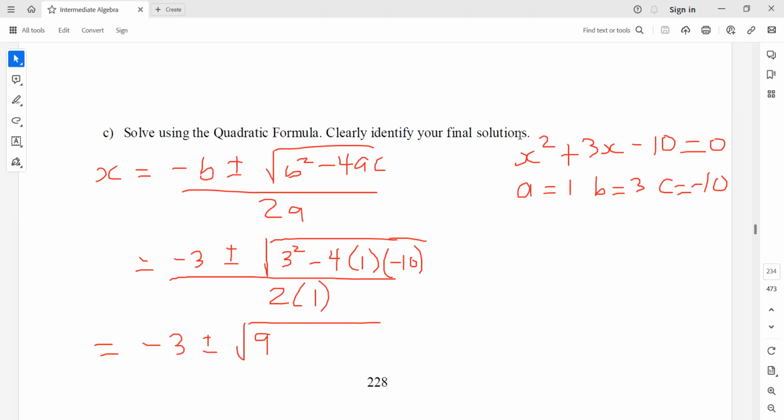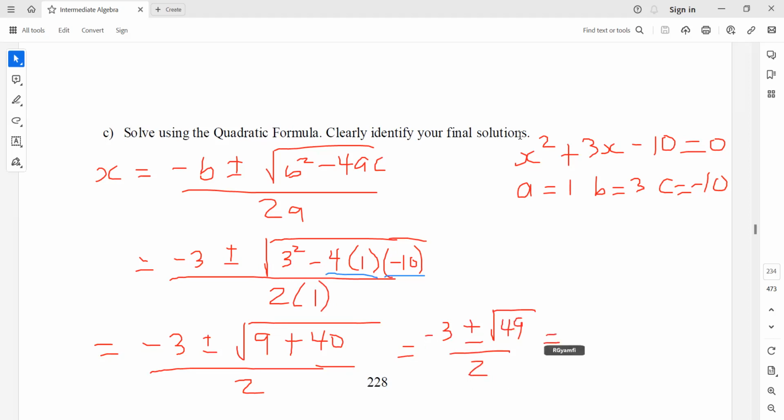Now negative 4 times 1 is negative 4, times negative 10 is positive 40, all over 2. So this should give me negative 3 plus or minus square root of 49 over 2. This should give me negative 3 plus or minus 7 all over 2.